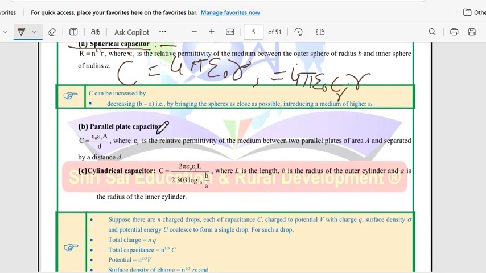The next important application of the capacitance of the capacitor is the parallel plate capacitor. How the capacitance of the parallel plate capacitor will vary, let us discuss.